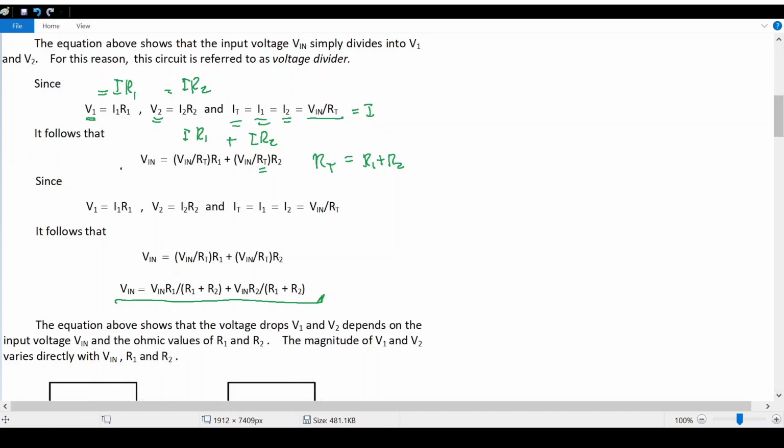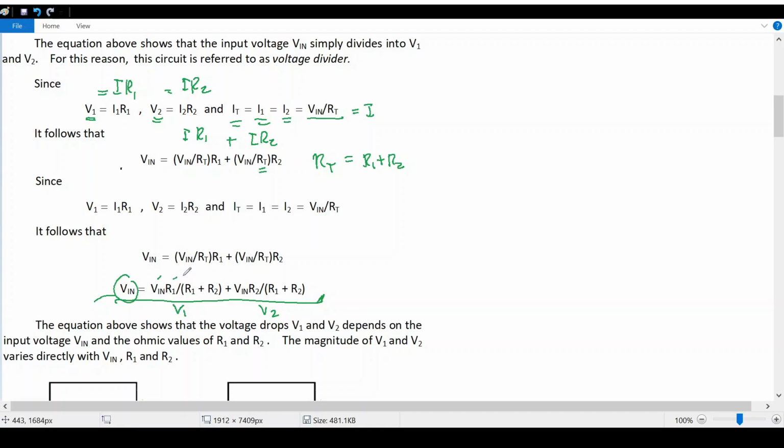This simply shows that the voltages V1 and V2 are a function of the input voltage and its resistances. Since the input voltage is usually constant, this is fixed.